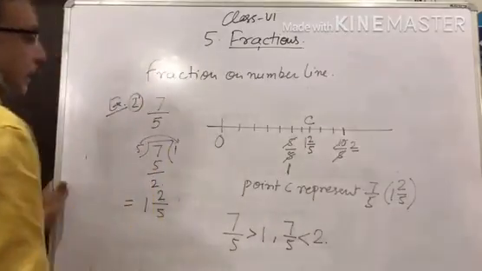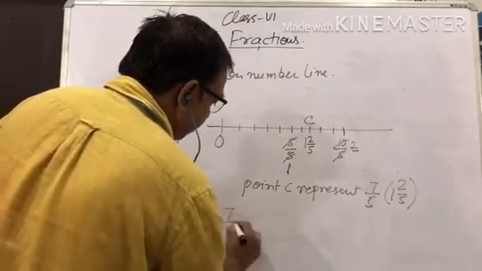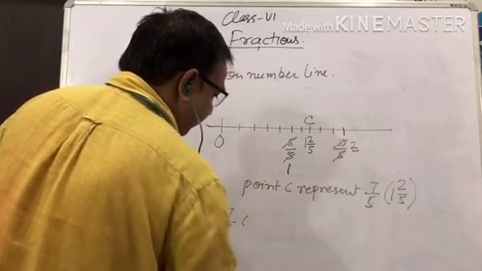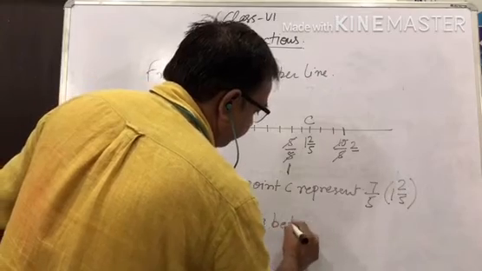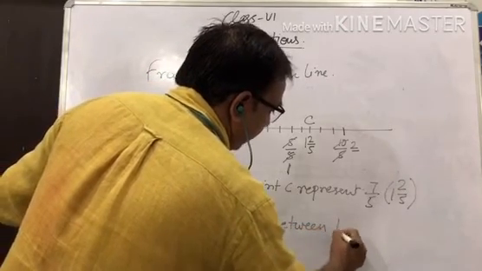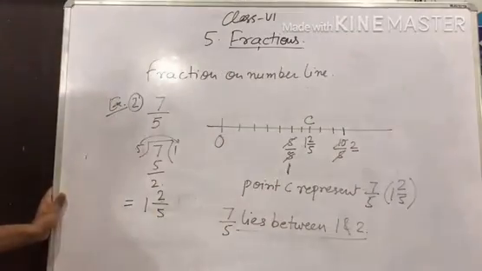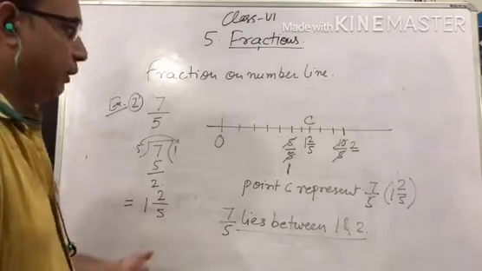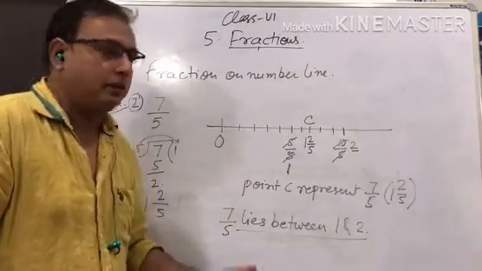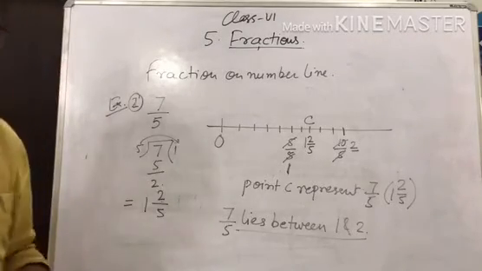It means 7 upon 5 lies between 1 and 2. Clear? I think now this is clear. Or if any doubt, you can ask within the class also, because there is no problem. You can ask.